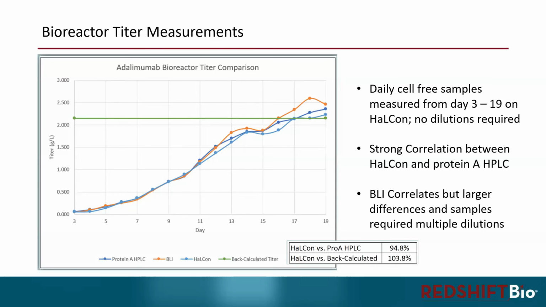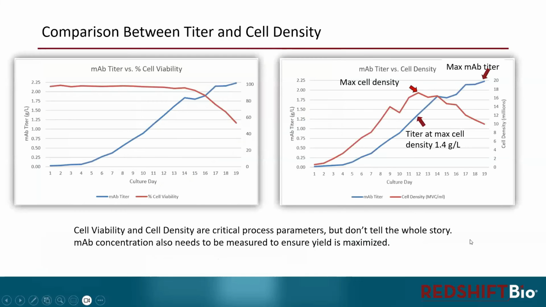There is strong correlation, again, between HaLCon and Protein A in the blue and the green lines. You can see the BLI data is the red line on there. There are slightly larger fluctuations on the BLI as compared to the other two. Most likely that's due to the fact that BLI requires multiple dilutions when you are getting to some of those higher antibody concentrations, and that can lead to variability.